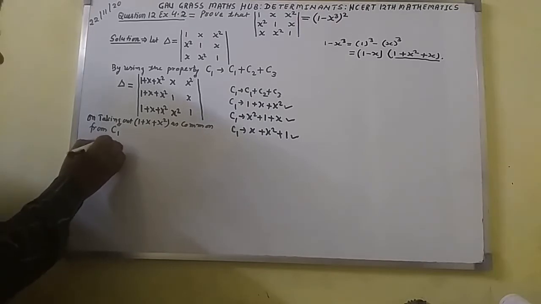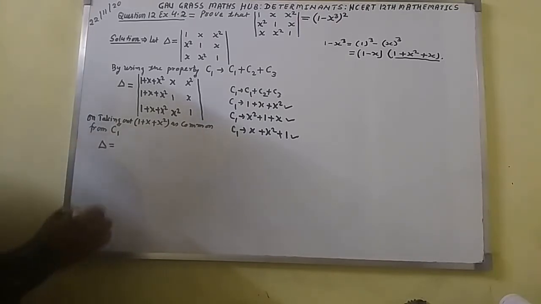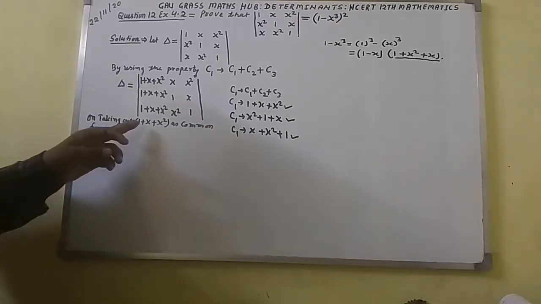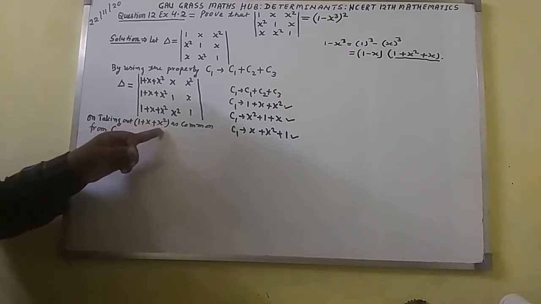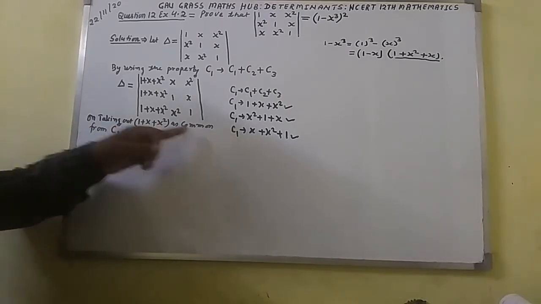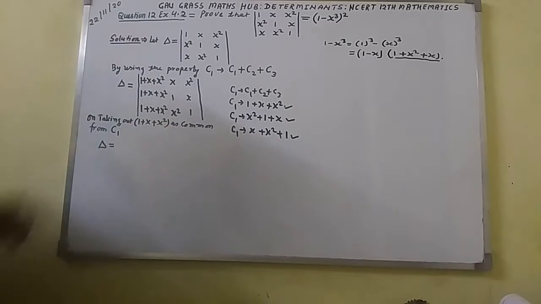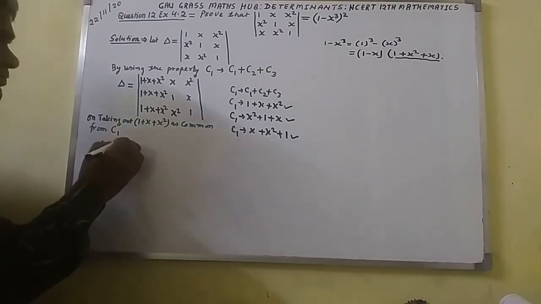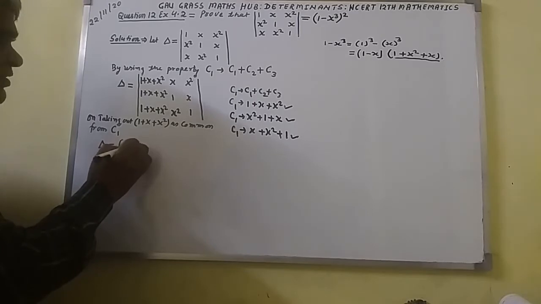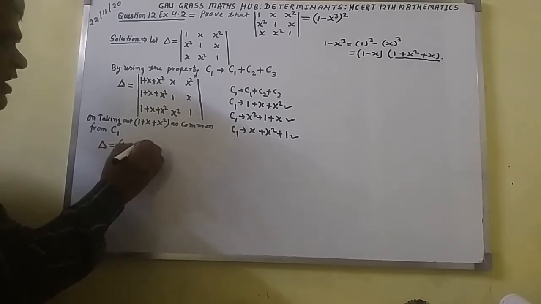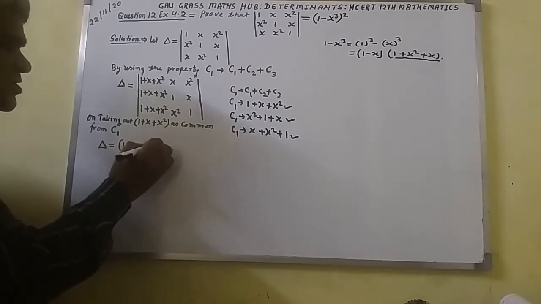A new determinant will be, if I take 1 plus x plus x square as a common from first column, the result will be: here write 1 plus x plus x square.